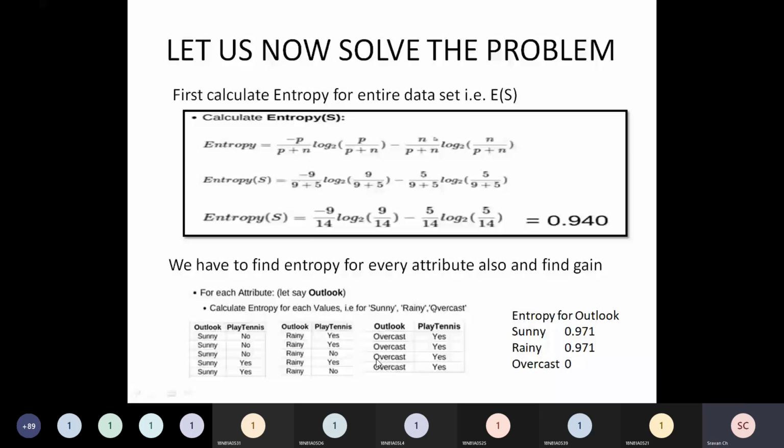Since Outlook has 3 different possible values, the Outlook parameter is divided into 3 small subsets. Got the point? Till this point, is it clear to everyone how this small subtable is created?